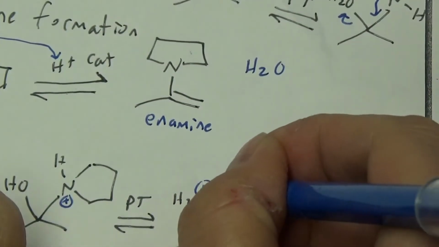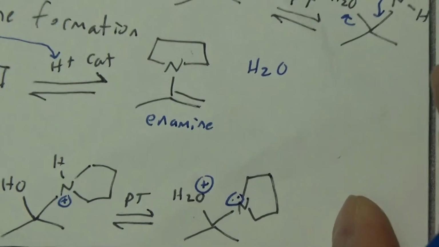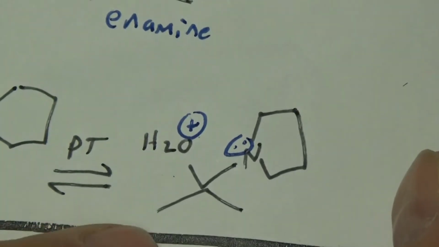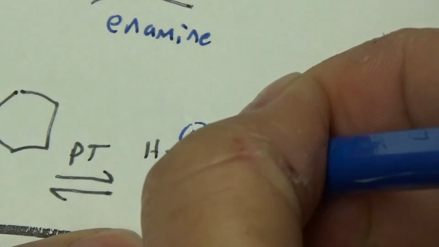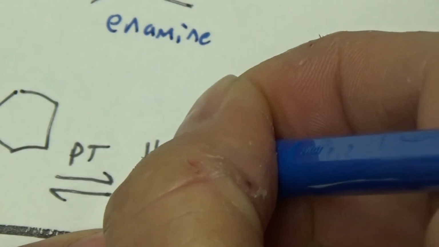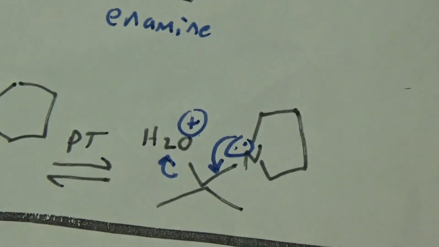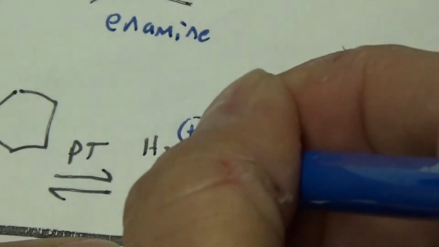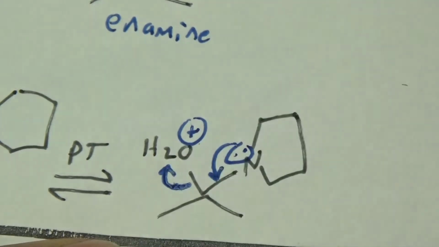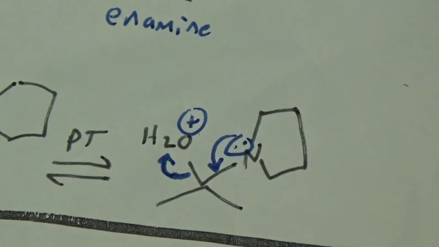Do the same exact thing. Lone pair. And what's it going to do? Kick in, kick off. Let's make it a little more clear. There, long arrow there. Alright, kick in, kick off.